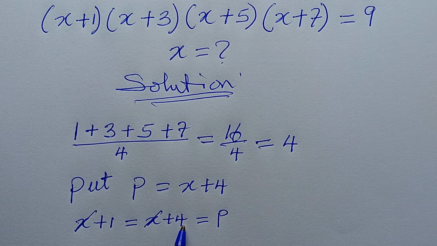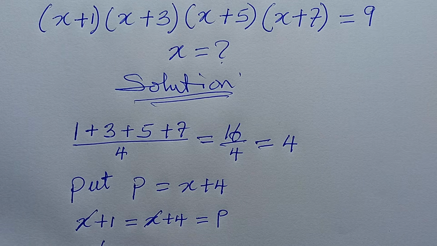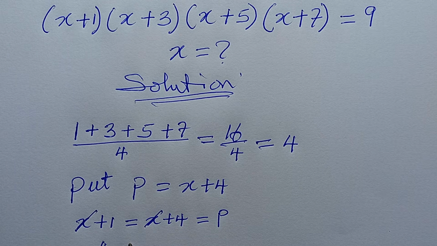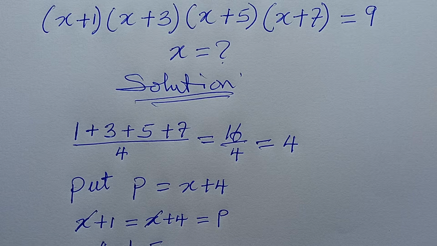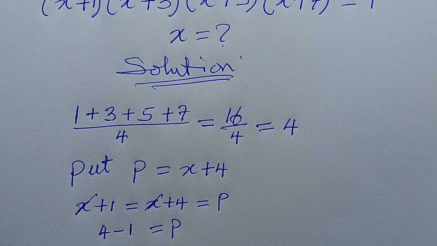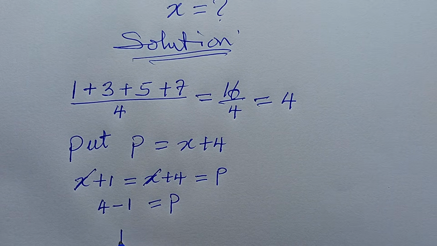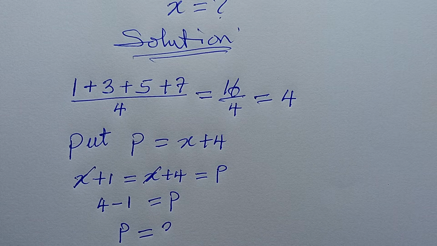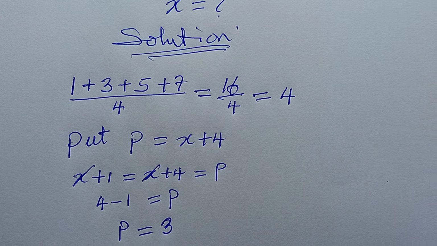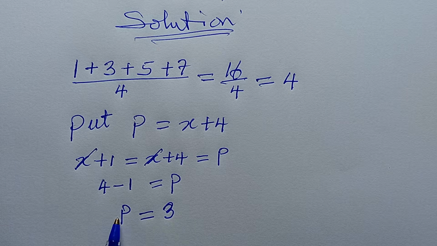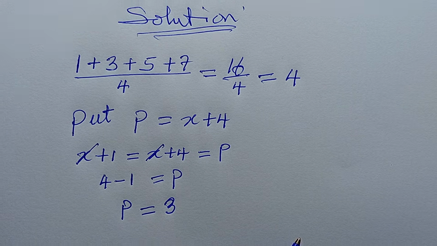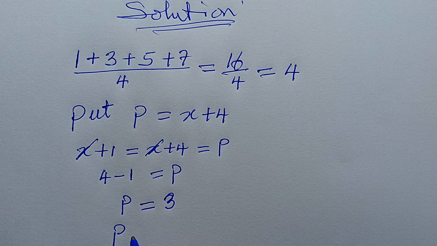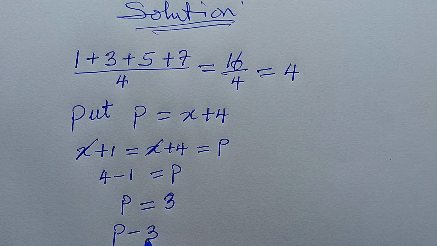If you move this to this side, this is going to give us 4 minus 1 equal to p, and there we're going to end up having p is equal to 3. Good. So if I move 3 back here, it's going to give us p minus 3.